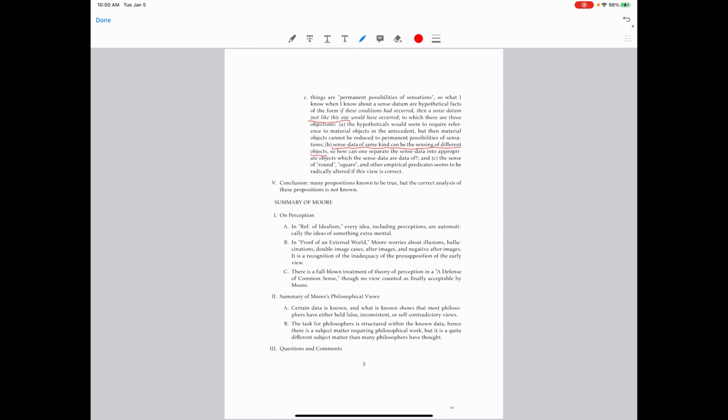So the coffee cup can have a duplicate of it. And in the conditions that I've got, I would have had a sense datum just like the one I had. But then I can't identify my coffee cup with this possibility of sensation, since that possibility of sensation would be an actual sensation of a different object. So you're going to have to be able to group the sense data into their appropriate objects, and that's going to be hard for Mill to do.